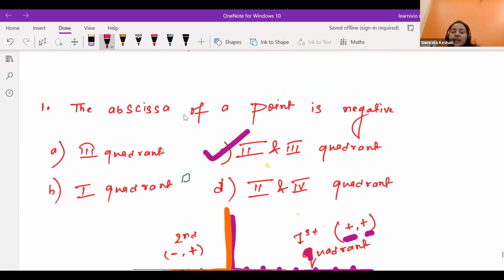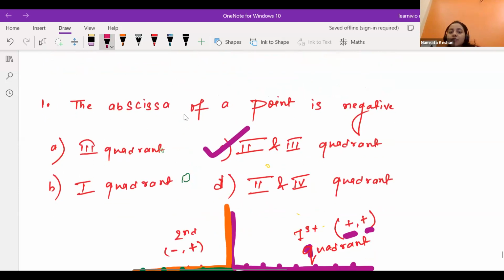Farhan, now the question says that abscissa of a point is negative. Abscissa किसको बोलते हैं, x coordinate को abscissa बोलते हैं. X coordinate का और एक name है, and that name is abscissa. You must have your pet name, a name which your loved ones call you by, apart from having a name like Tejas, Farhan, Sazia, Safia. Like that only, x coordinate has one more name, that is abscissa.